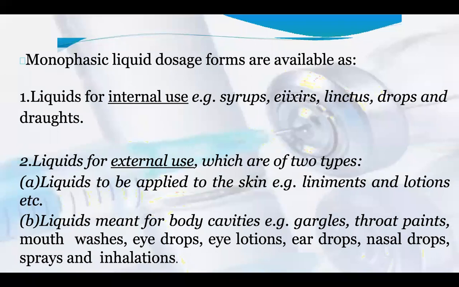Second, liquid for external use, which are of two types. First, liquids to be applied to the skin: liniments and lotions. You may have prepared liniments in formulation practicals. So liniments and lotions are applied on the skin externally. The second is liquid meant for body cavities.